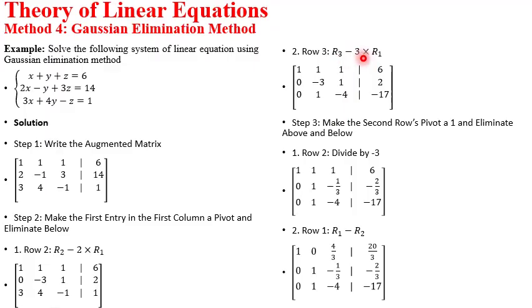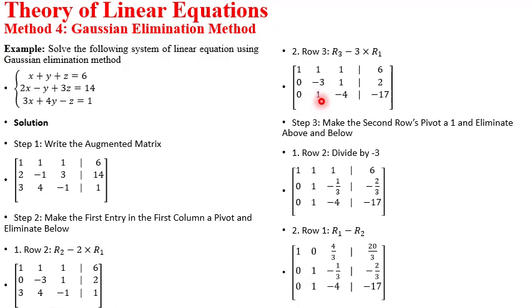In the same vein, 3 times row 1 is 3 times 6, that's 18, and 1 minus 18 will give us minus 17. So we have successfully transformed this element and this element to 0.